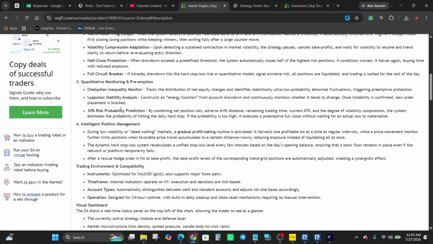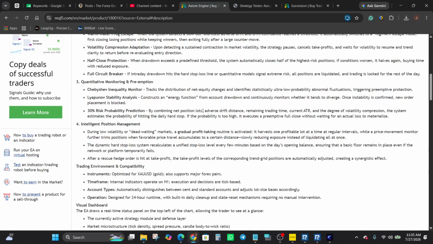The developer frames all of this around a specific risk philosophy rather than relying on a large number of trades for a statistical edge to play out. The system is built to continuously ask whether the account is structurally stable right now and act on that directly.